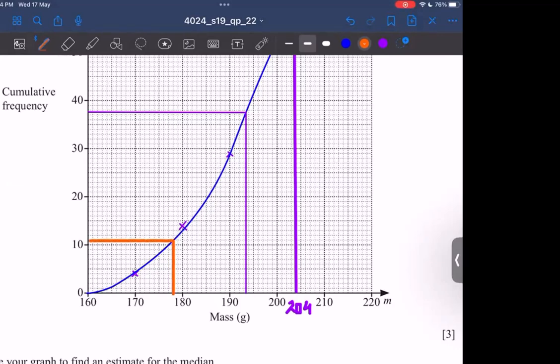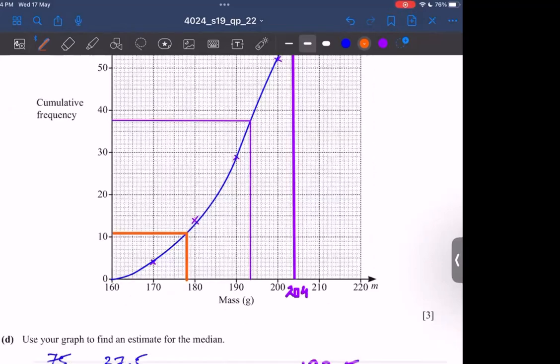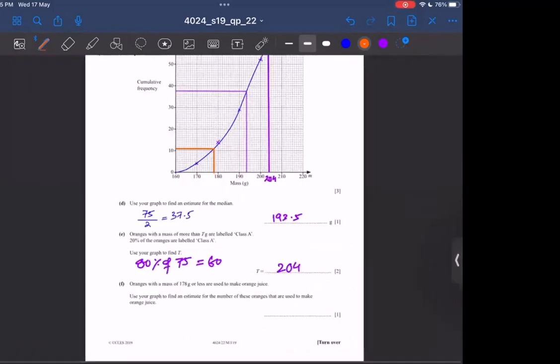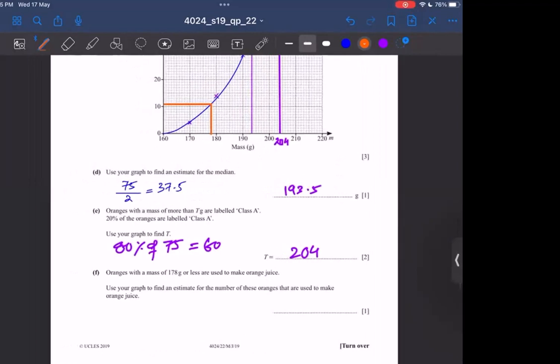So there are 11 oranges that have a mass less than 178. So 11 of these oranges are used to make the orange juice, right? 11 minus 0 is 11. So 11 is the answer over here.